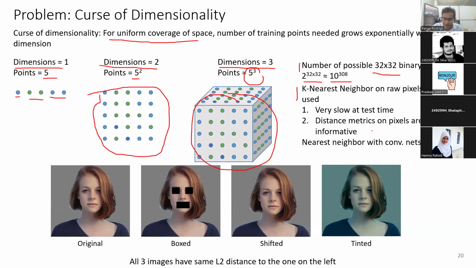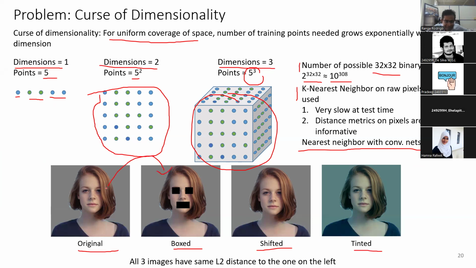Distance metrics on pixels are not informative. Nearest neighbor with convolutional nets though, they work well. We will look at that later. So you can see an example of what happens there. The original image, the boxed image, shifted image, tinted image. All three images have the same L2 distance to the one on the left.